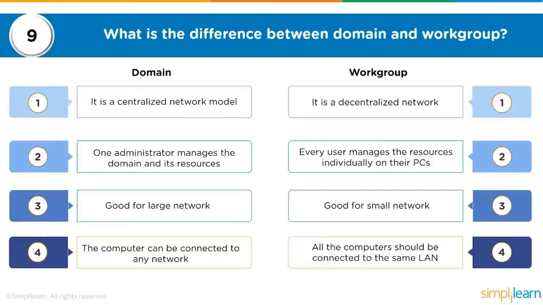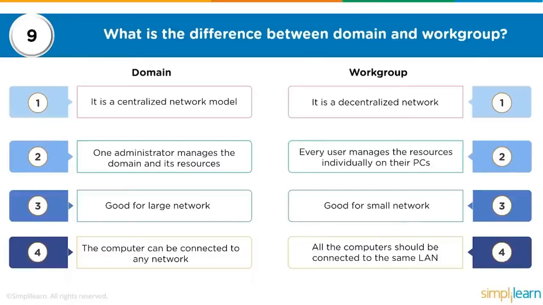So each user will decide what they want to allow other users to see on that particular network. And all of them would be connected over a LAN, a local area network, either a wireless or a wired one. So if you look at your home Wi-Fi right now, that is one of the best examples of having a work group. The domain, on the other hand, is a centralized network model.